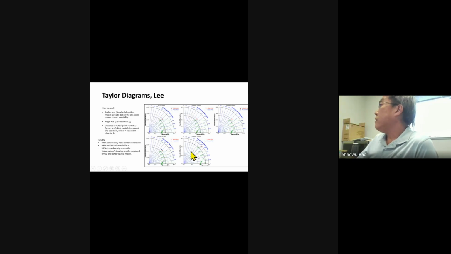So this is Hurricane Lee. We can see the red one is HAFS A and the blue triangle is HAFS B. For all the forecast lengths, HAFS A is closer to the observation, the green center, largely because HAFS A has a higher correlation than HAFS B. HAFS B is less than 0.7 and HAFS A is greater than 0.7 in terms of the correlation.